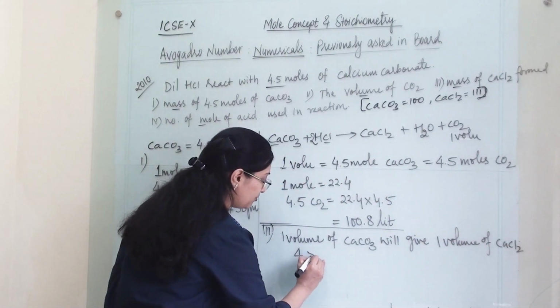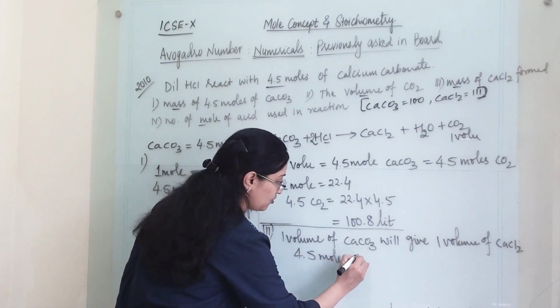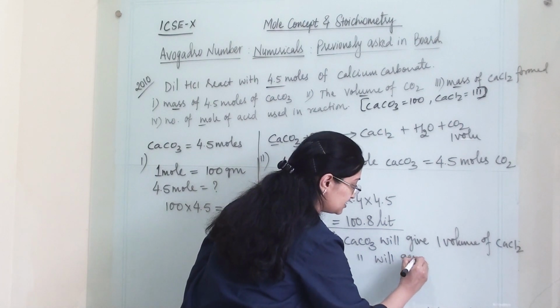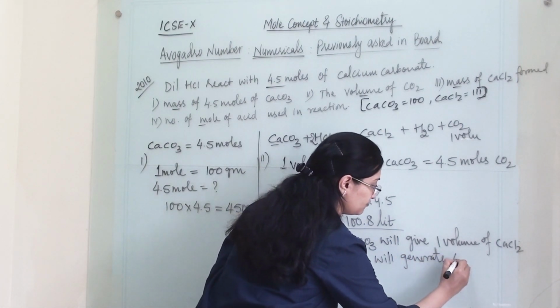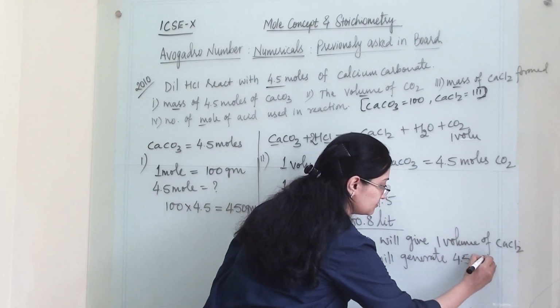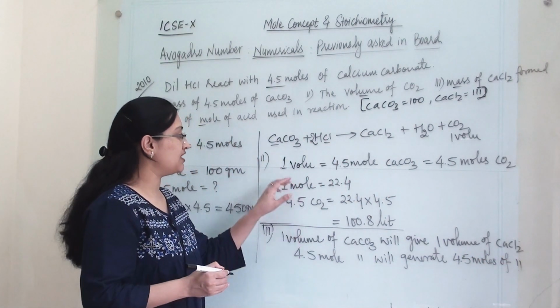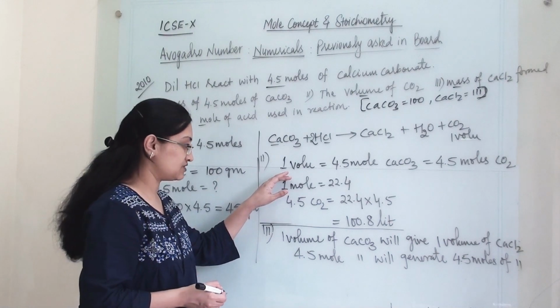So 4.5 moles of calcium carbonate will generate 4.5 moles of calcium chloride. The similar statement you can write for carbon dioxide also.